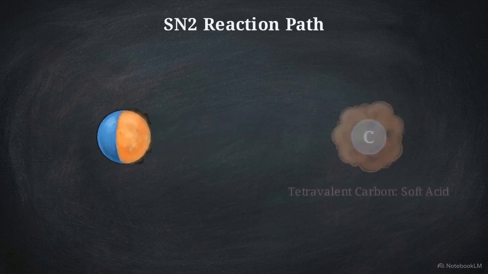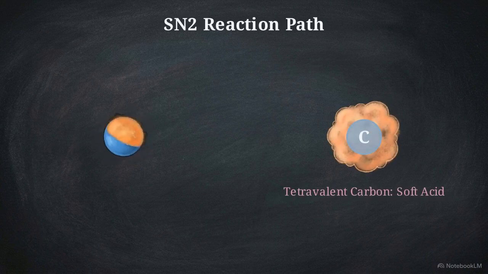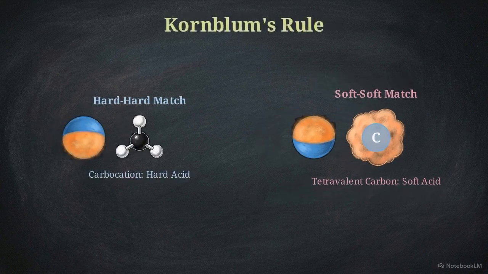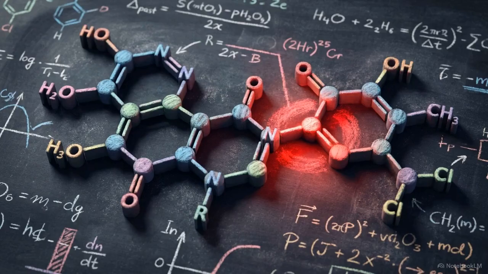In an SN2 reaction, the target is a tetravalent carbon, which behaves as a soft acid. It will bypass the hard site entirely and react exclusively with the soft base site. By categorizing molecules into hard and soft orbital profiles, chemists can accurately predict regiochemistry, pinpointing exactly where a bond will form even when multiple targets exist.